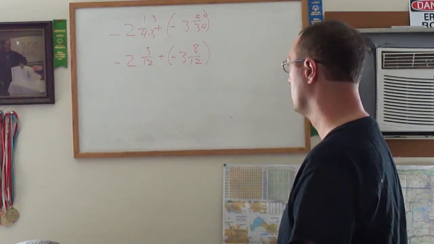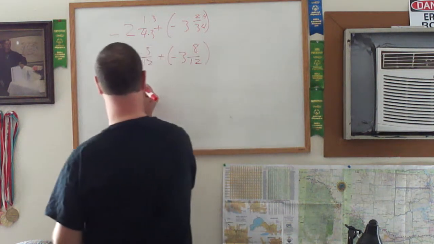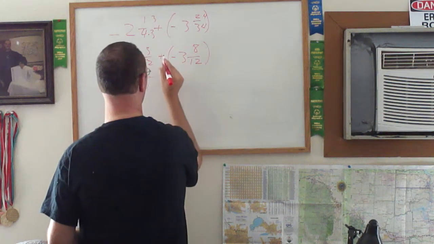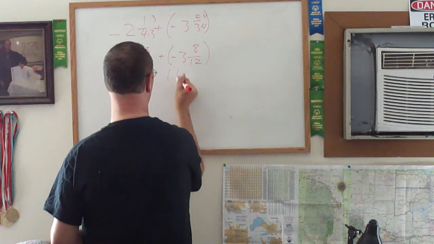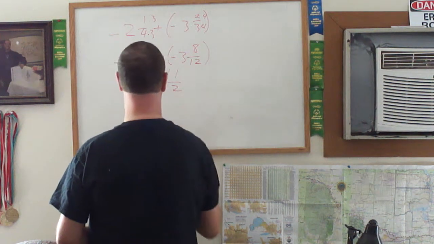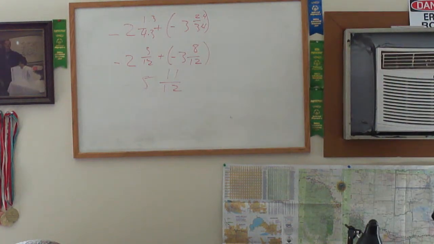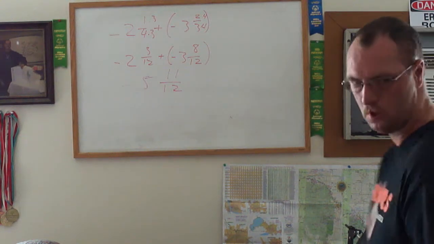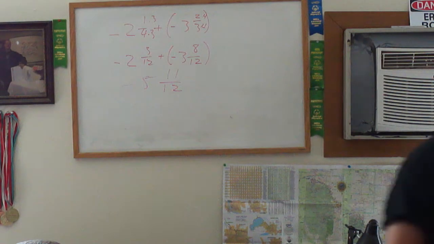Alright. Now, since they're both negative, it's just regular adding. So it'll be a negative 5, and that'll have to be 11. Negative 5 and 11/12. That's how easy it is.